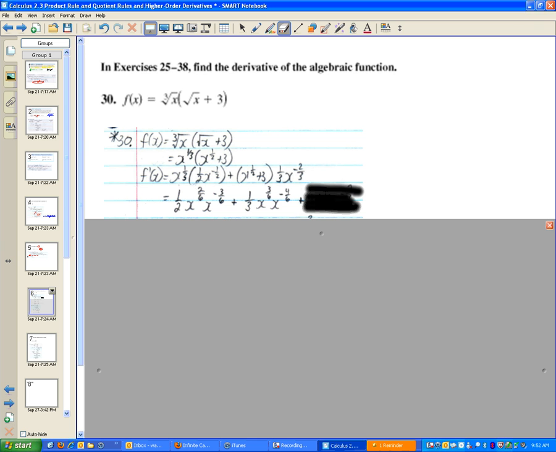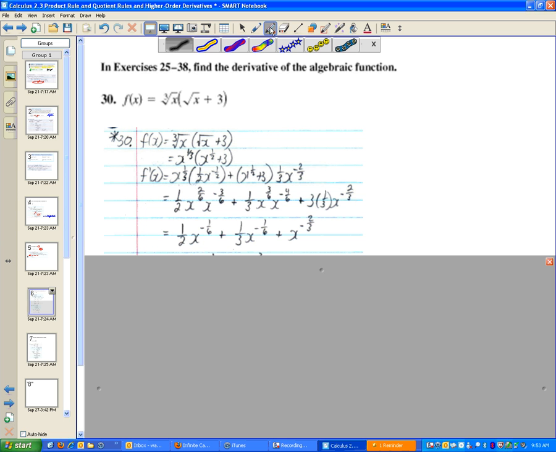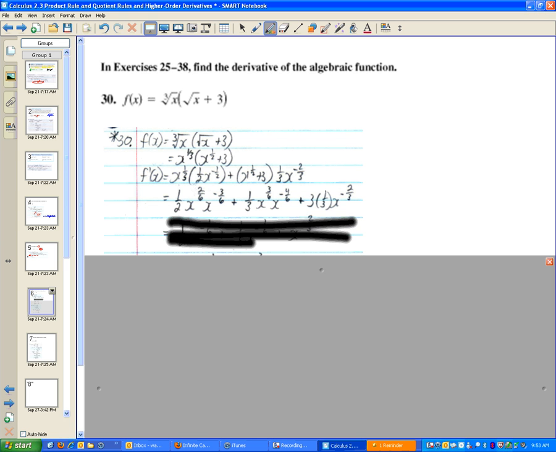Plus, I'm going to actually write it out: 3 times 1/3 x to the negative 2/3. Eventually we're going to have to, aren't we?